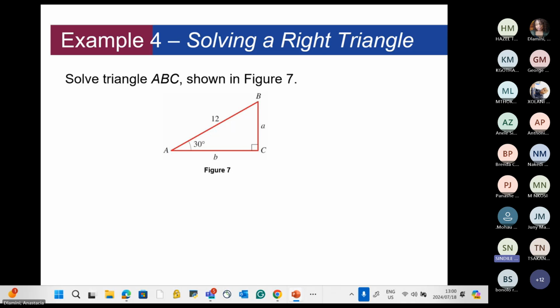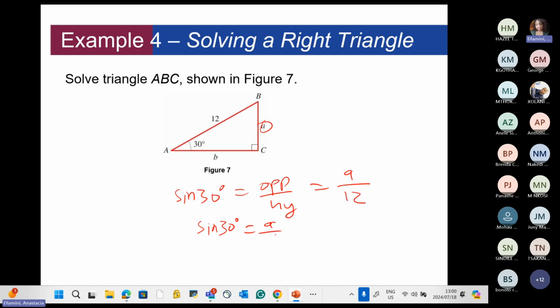We use sine theta because it has the opposite side and the hypotenuse, and also we have the angle. So sine theta is equal to opposite over hypotenuse. We know opposite is A over what? 12. So sine 30 degrees equals A over 12, meaning A is equal to 12 times sine 30 degrees.